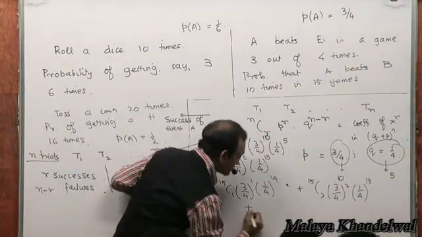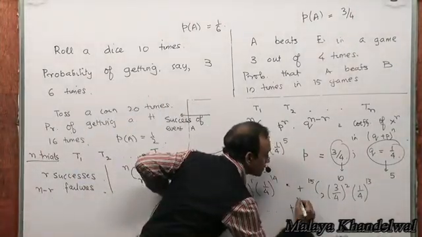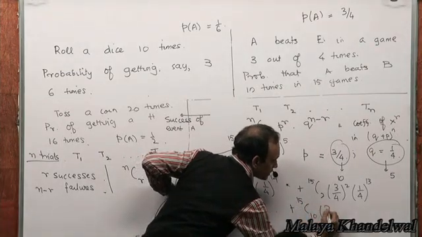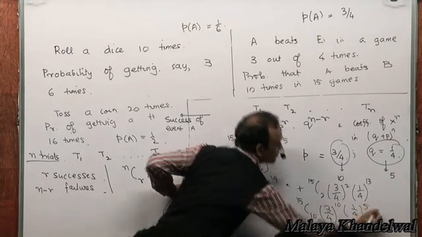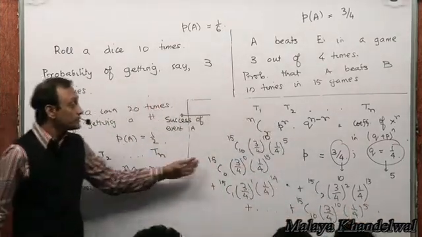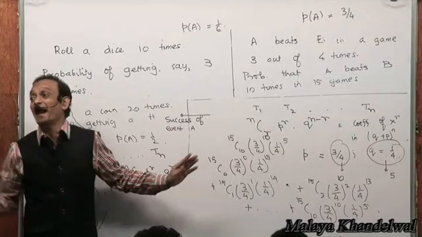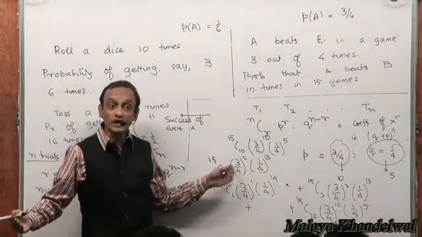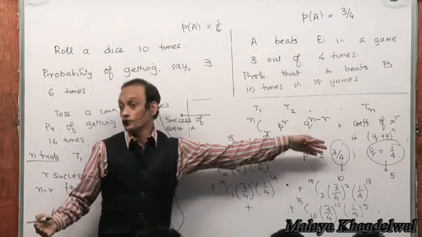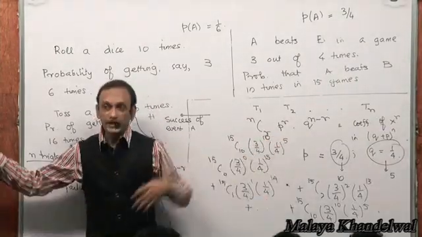And going this way up to A beating B 10 times. 15C10 3 by 4 whole to power 10 into 1 by 4 whole to power 5. So this is the probability of A beating B at most 10 times. So he could have beaten him 0 times or 1 time or 2 times, 3 times, up to 10 times.